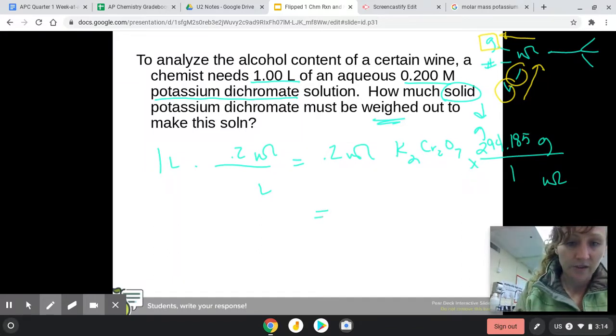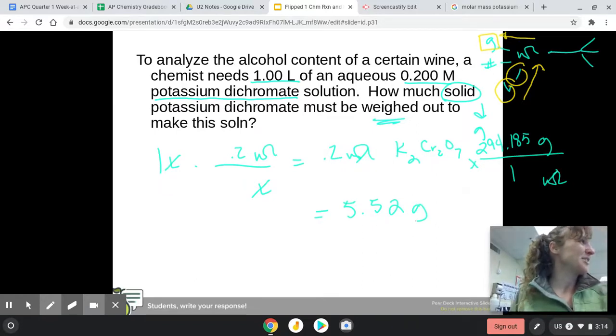Okay, and you should have gotten, let's see, we can use 3 sig figs. Liters reduces, moles reduce, and you're left with grams of dichromate.